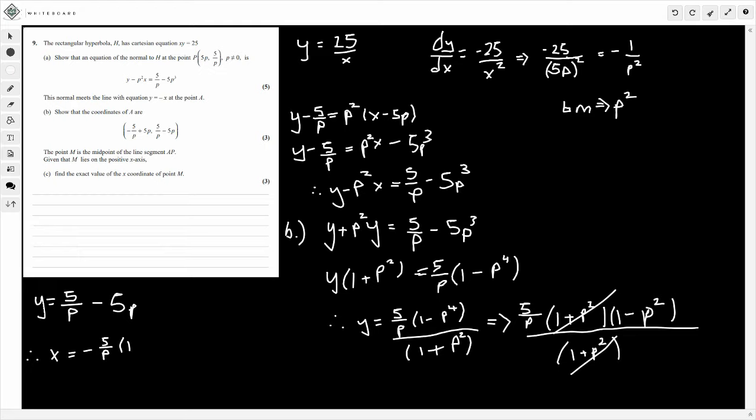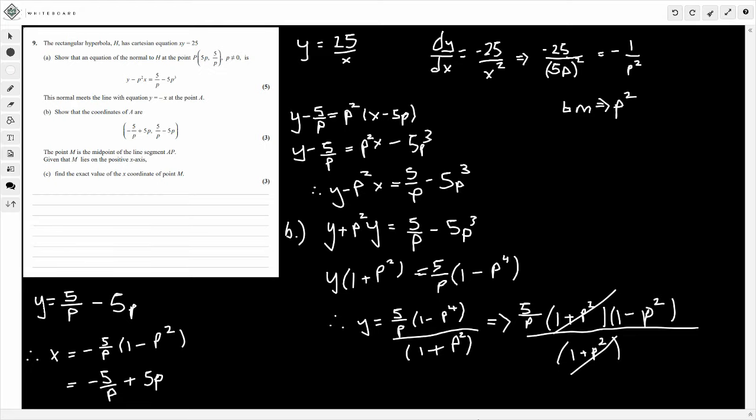So I've just made it minus, so it's 1 minus p squared. And now I just need to multiply through. So that's going to give me minus 5 over p, and it's going to give me plus 5p. And that's part B done.